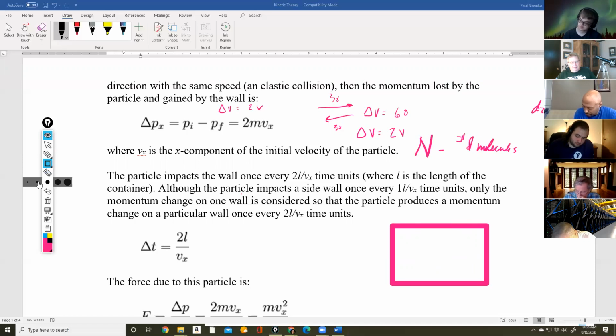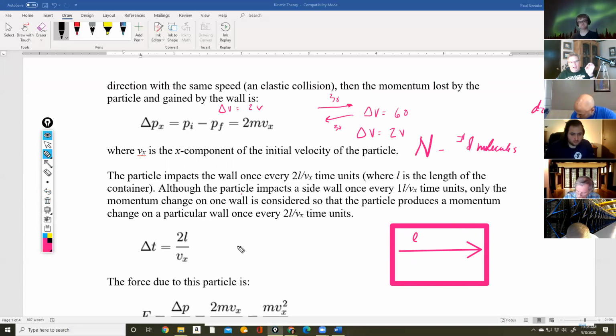And we're saying that the length of the container, this distance here, is length L. So the change in time between impacts: how often does the molecule go back and forth?